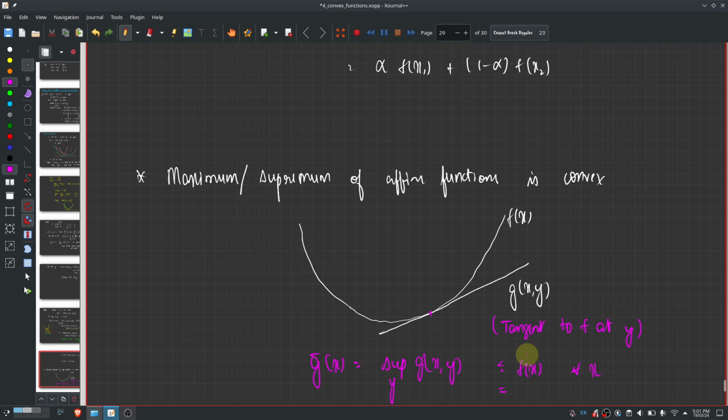What is the value of y that achieves it? It is going to be equal to x. So the one that achieves this supremum will be y equal to x.